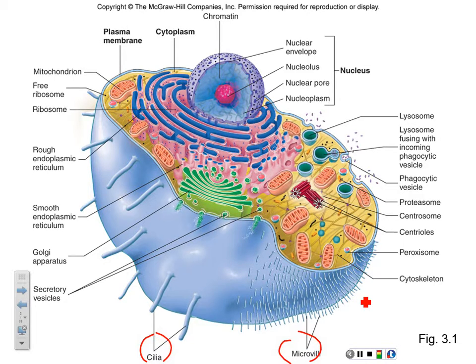So you would find this in the respiratory system, and microvilli, in which system would you find microvilli? Digestive. That's where you need surface area for absorption and digestion. So in the respiratory system, all the mucus with the trapped particles is moved by cilia, and the surface area is increased by microvilli.